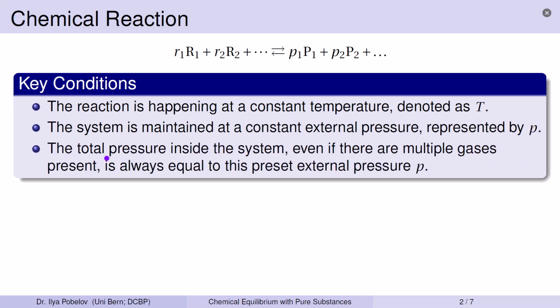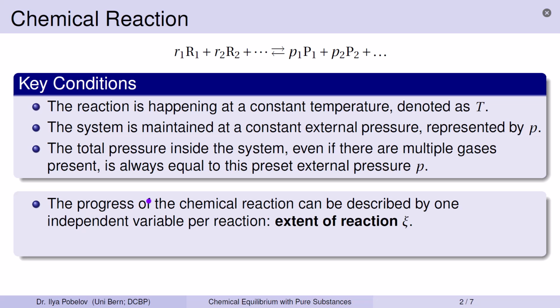This means that the total pressure inside the system, even if there are multiple gases present, is always equal to the preset external pressure. The progress of every chemical reaction can be described by the quantity named extent of reaction, Xi. No matter how many reaction participants are involved in the reaction, the extent of reaction is the only independent variable per reaction.